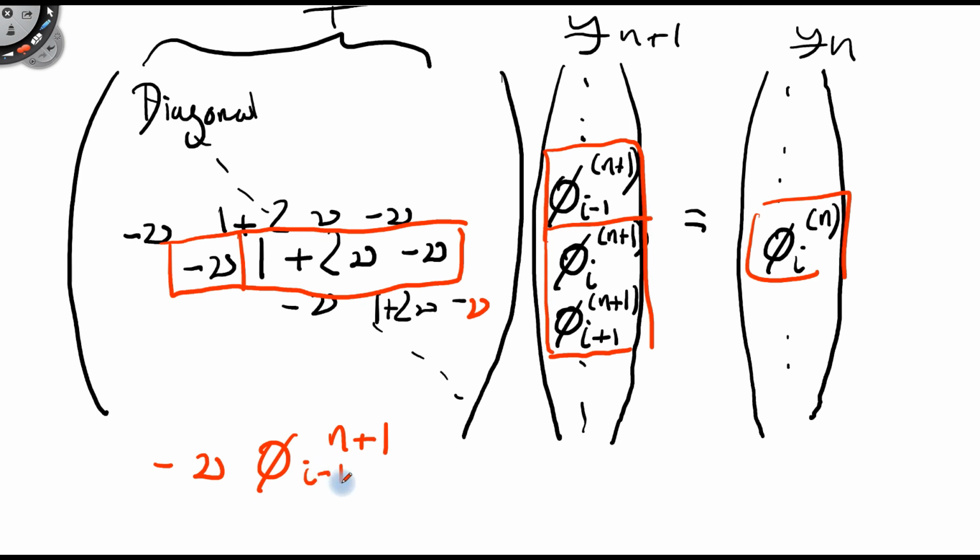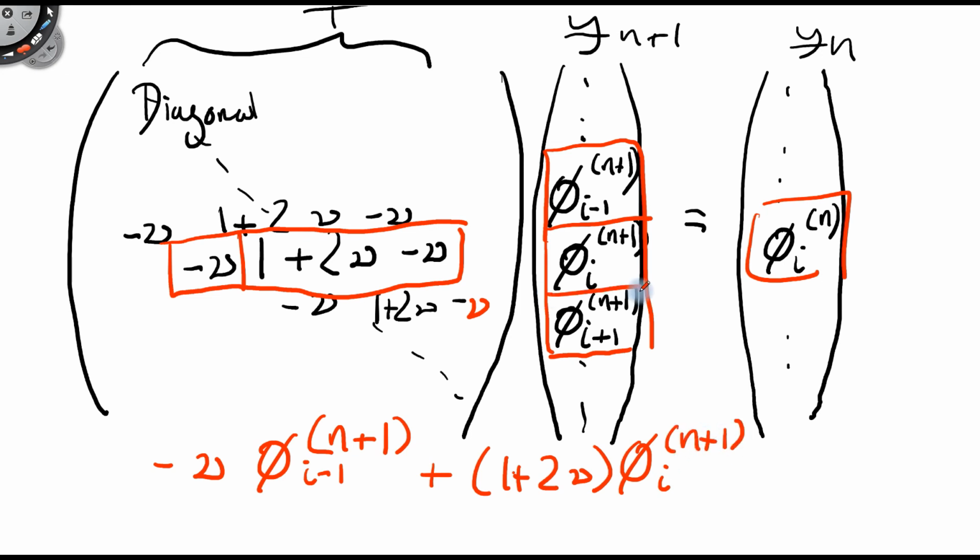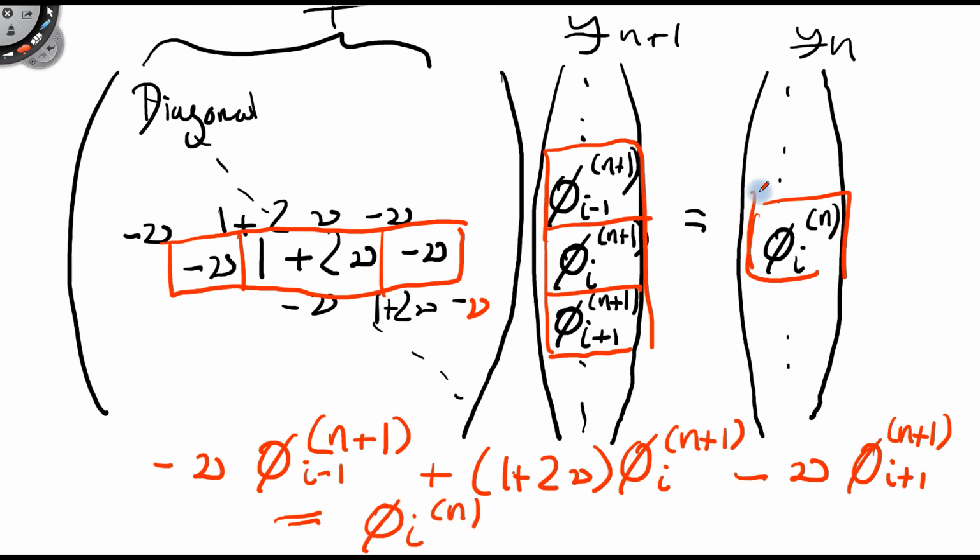Then plus 1 plus 2 mu phi i n plus 1. There's that one there. And then minus mu phi i plus 1 n plus 1. Okay, then that equals phi i n, which of course is this final term.